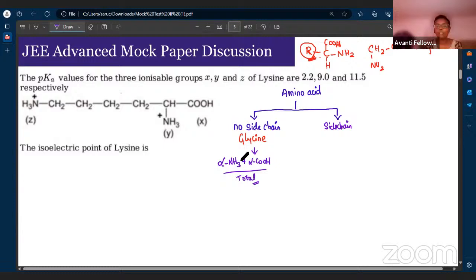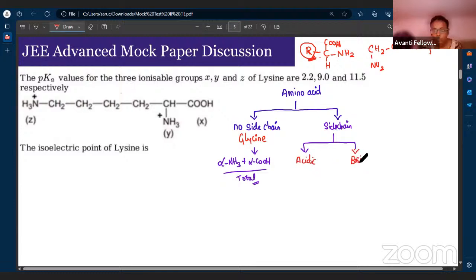Now, if there is a side chain, you have to be careful whether the amino acid is acidic or basic.